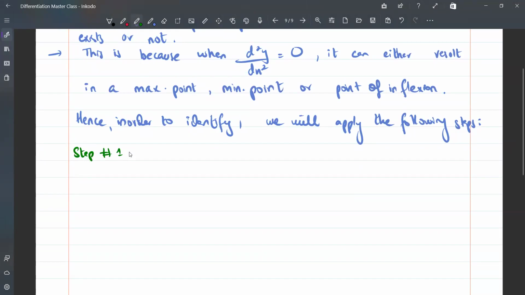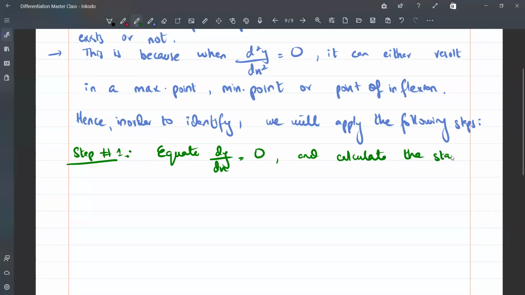Step number 1. Equate dy over dx with 0 and calculate the stationary point. All right.